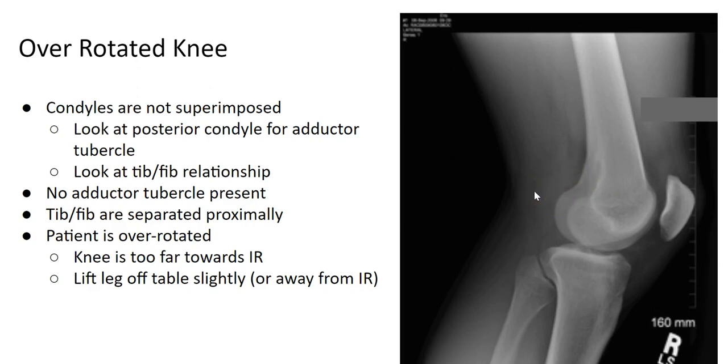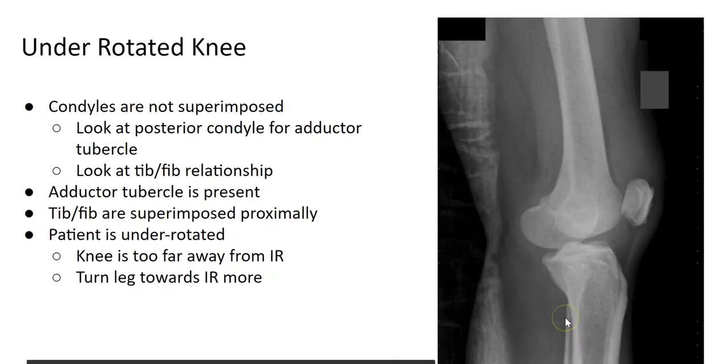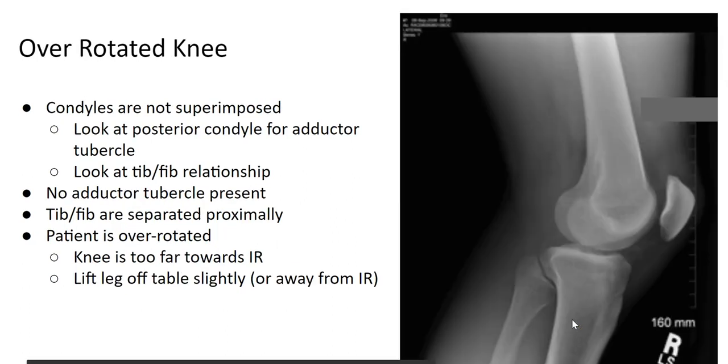Okay, so you look at the posterior condyle, you don't see adductor tubercle, but just to be sure, look at the relationship between the tib-fib. Do you see how they're more separated? There's some separation here. The spacing here is increased, versus this one. It's quite a striking difference.